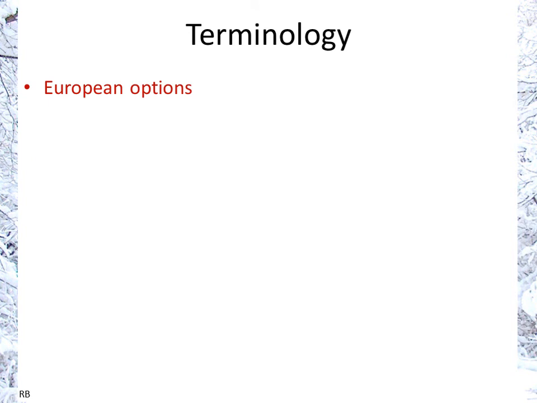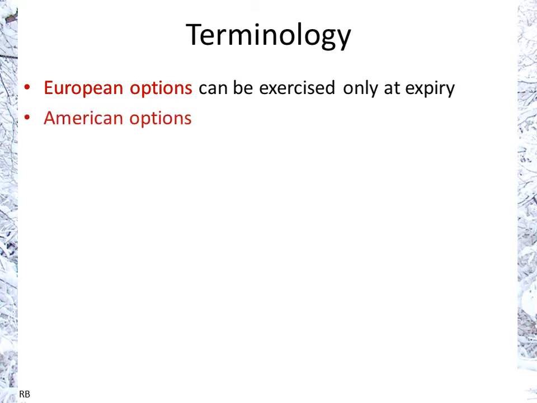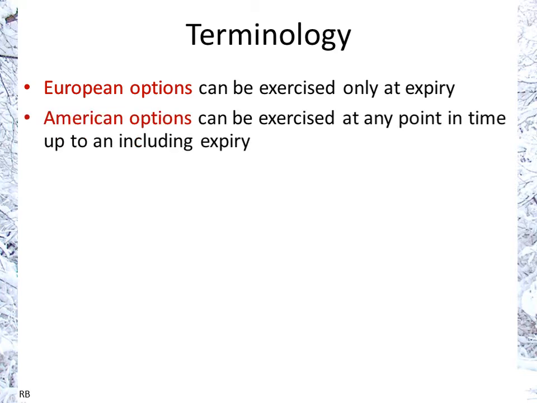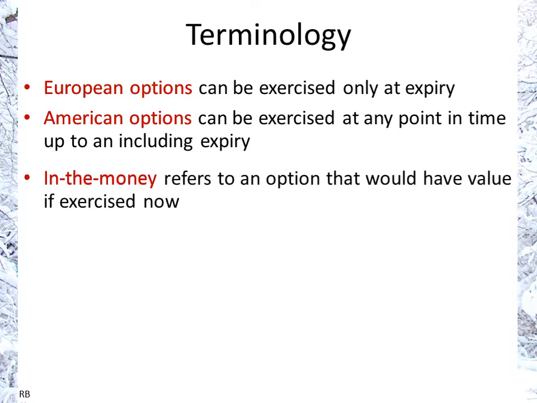Now, regarding some terminology, European options can be exercised only at the expiry or at the maturity of the option, so only when it's due. American options can be exercised at any point in time up to and including the expiry. In the money is a term referring to an option that would have value if you were to exercise it now.